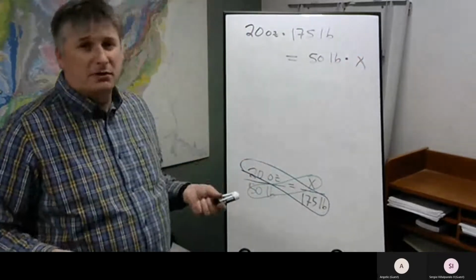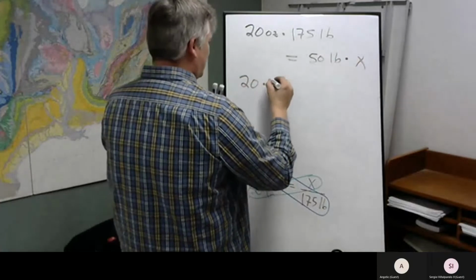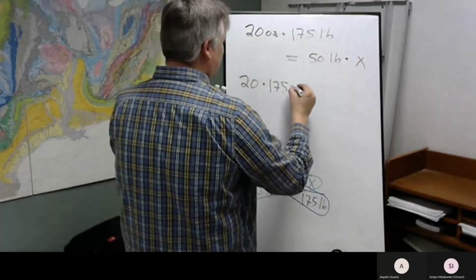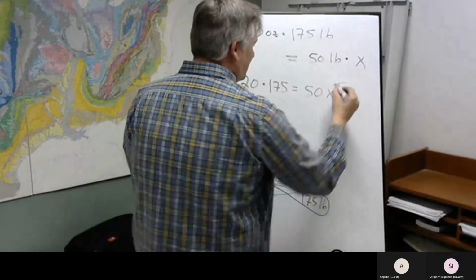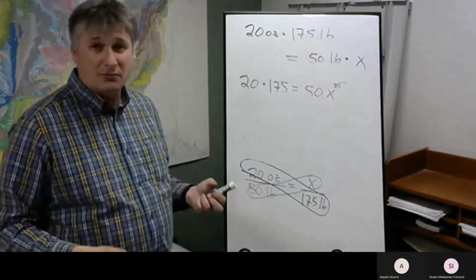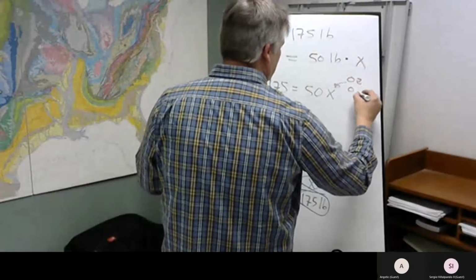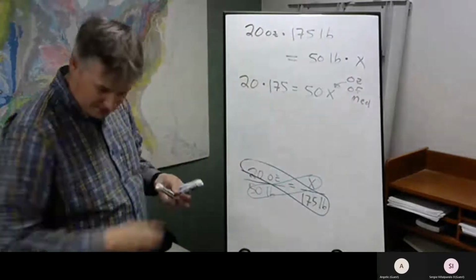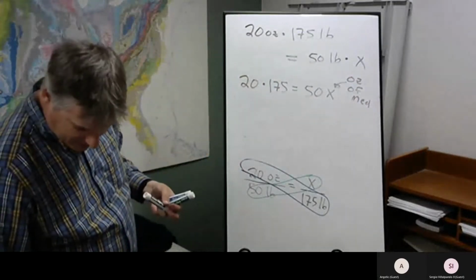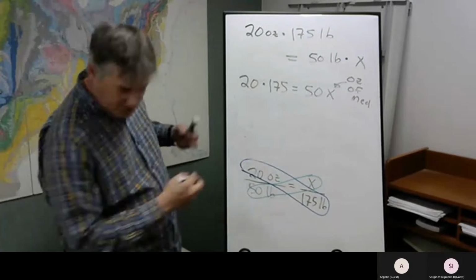Now we can drop the units here if we want. We can just call this 20 times 175 is 50x. But we don't want to forget X is going to be ounces of medication. Let's see, 175 times 20 is going to be 3,500.